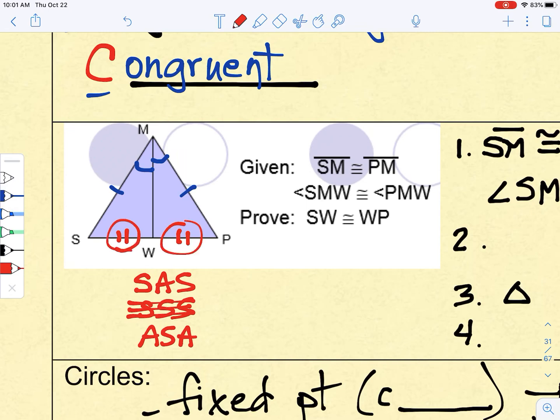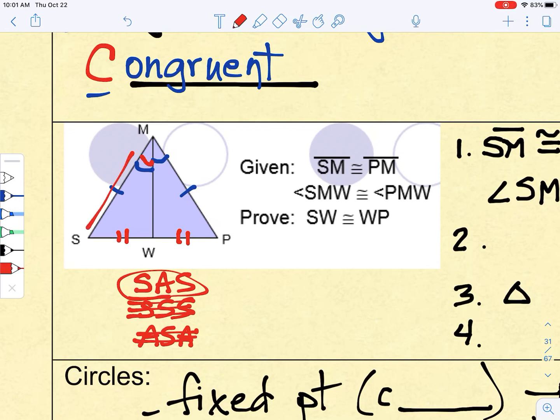Number 2, those sides are the sides we're after, so I don't know that they're congruent. Second of all, we're going to cross off angle, side, angle, because I don't know anything about these 2 angles or these 2 angles here. Okay? All right. That leaves us with side, angle, side.